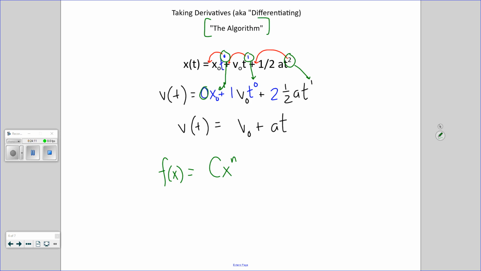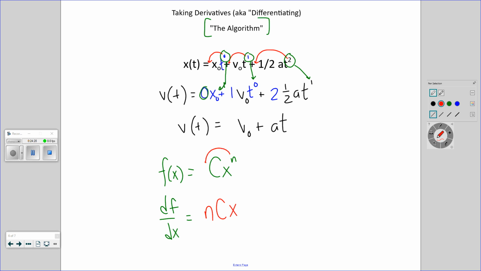That could be any old function, right? If we want to take its derivative, df dx, what we do as a sort of algorithm is we say, well, that's n. We multiply in the front, and then we take this exponent and knock it down by 1.